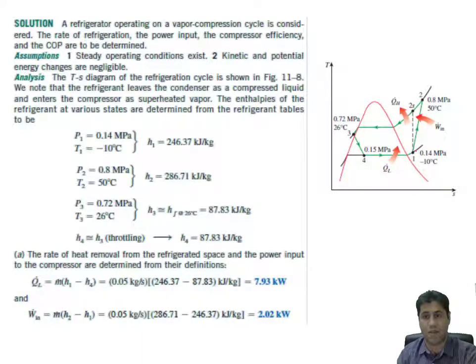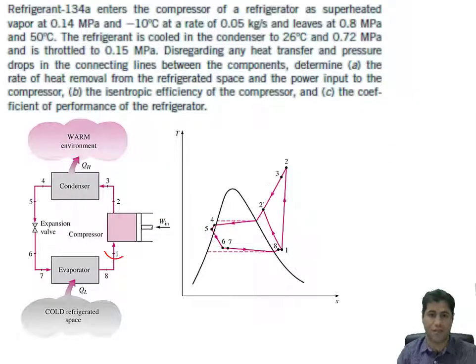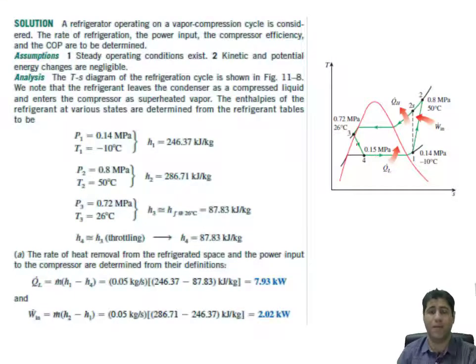But as you can see, we have again just 4 main states, because we have ignored these pressure drops, which are just due to the connection pipes. Because it is mentioned, and I told you, that we disregard any heat transfer and pressure drop in the connecting line. So we ignored these pressure drops. So it will be like this.